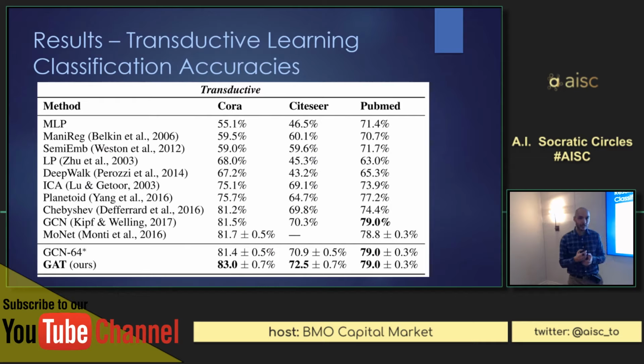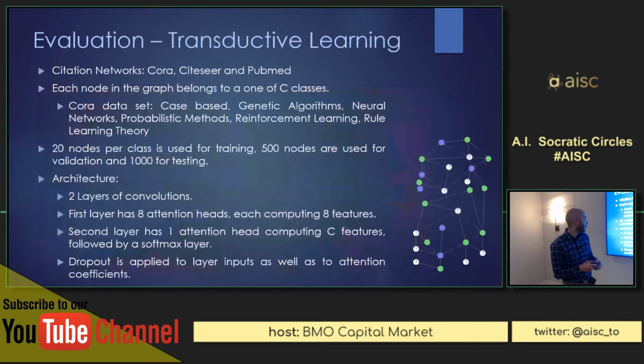Yes? Quick clarification question. If you move back to the previous slide, you had that 20. I didn't quite get the idea of 20 nodes per class. So is it the input features? What do you mean exactly? Sorry, I think I'm asking what's 20 nodes per class?